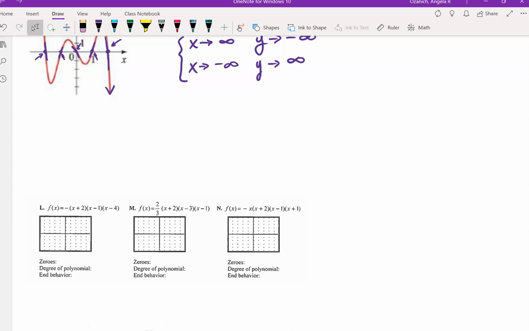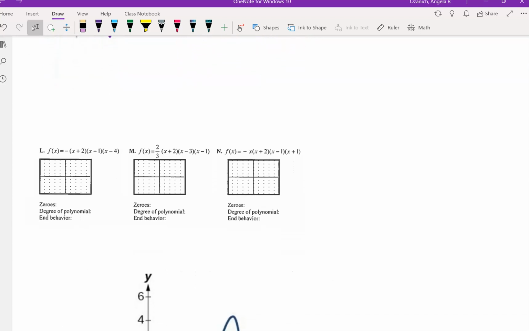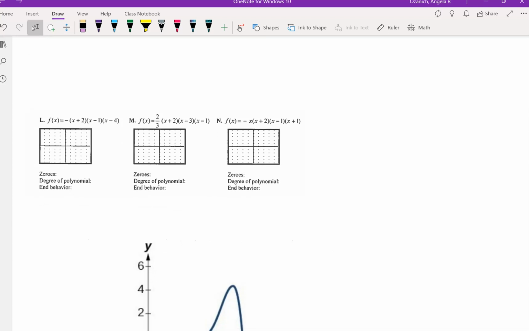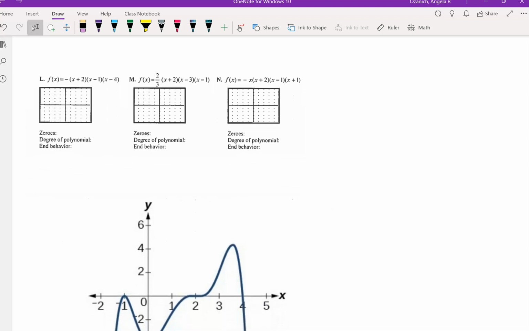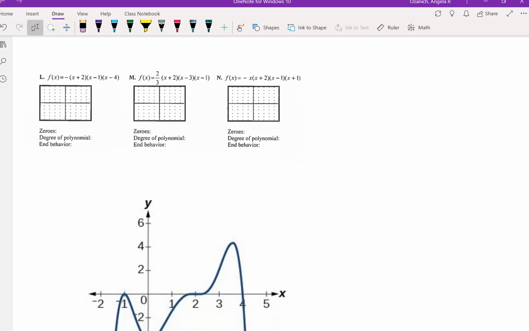Kind of remember our bounce, wiggle, cross, and our linear factors and everything that we've learned so far about what could happen with this polynomial. So we're going to start here with just a little example of a -1. I can see this -1 right there. There's my negative. And I have 3 linear factors, which means I have 3 zeros of my function.